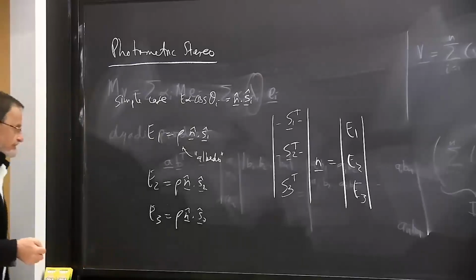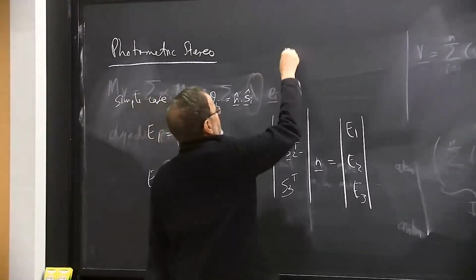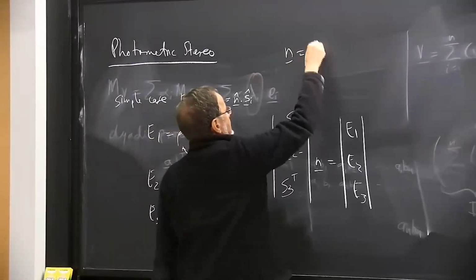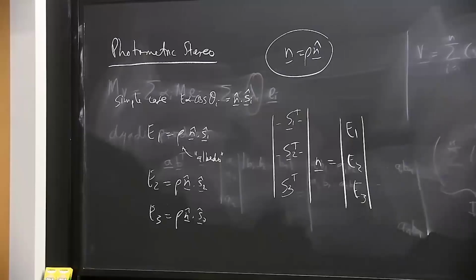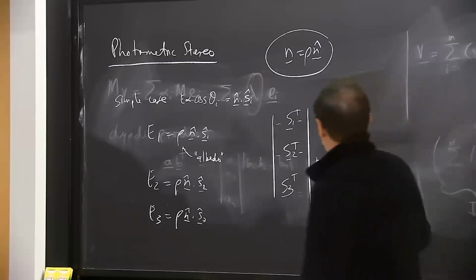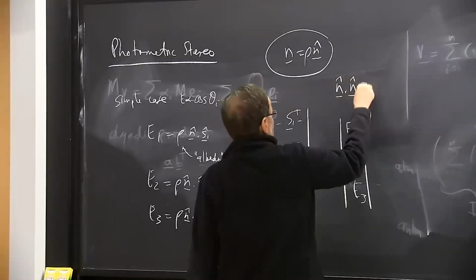Okay. Here I'm using the shorthand notation. So I'm absorbing that rho into the n, and that's convenient because now instead of having to deal with a unit vector, I have an arbitrary 3-vector, and that means I don't need to deal with the nasty nonlinear constraint.